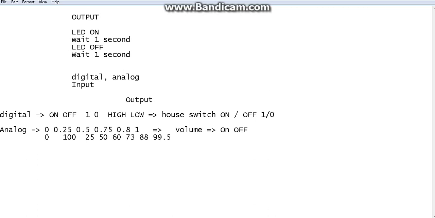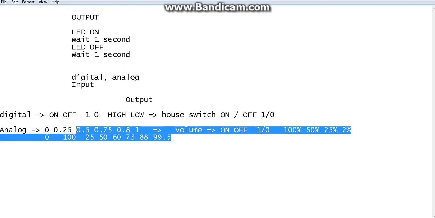If I ask you the value of the volume, can you say on or off? No. Can you say 1 or 0? No. You can say full volume, that means 100%, or 50%, or 25%, or 2%. See, intermediate values are possible here. So this is an example of analog. You can even rotate and change the value, right?